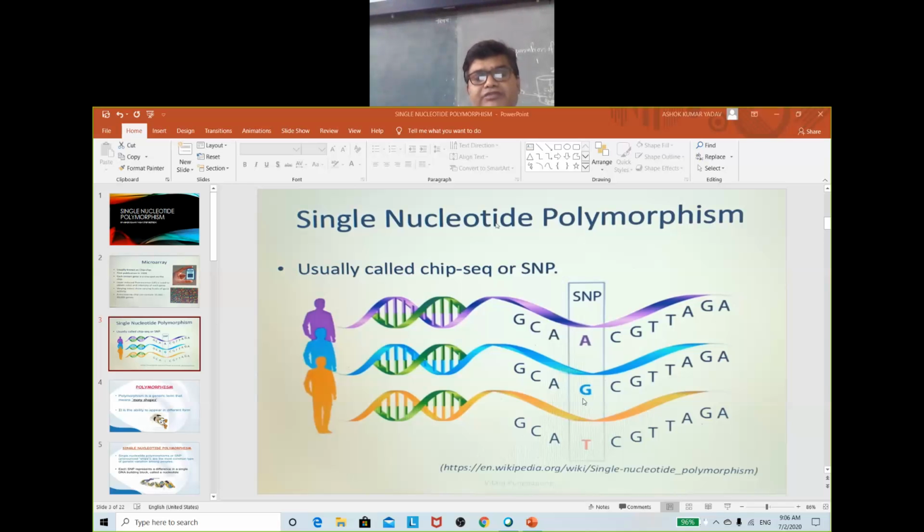Suppose you take the human body. In the human body, approximately 4 to 5 million SNPs, such type of difference, are there in the genome. And across the world population of humans, there are 100 million SNP spots, meaning differences of nucleotide in individuals that can be detected.